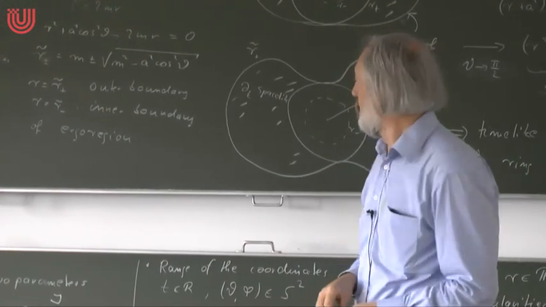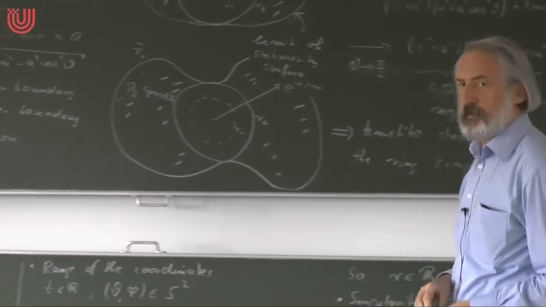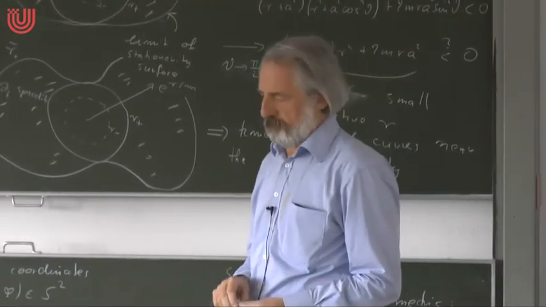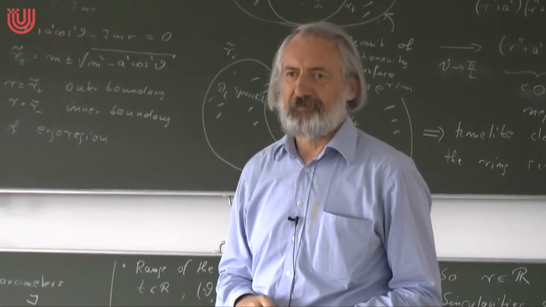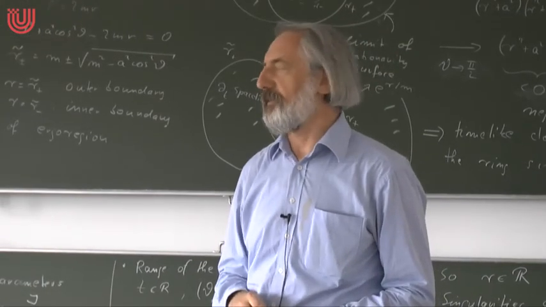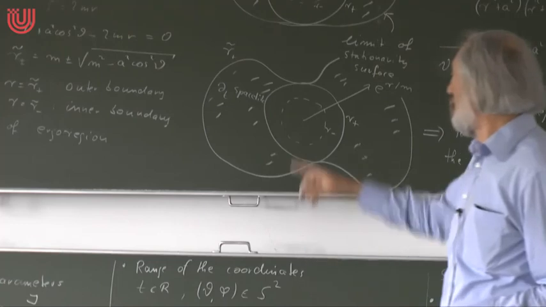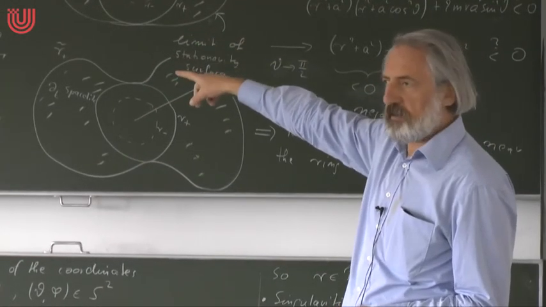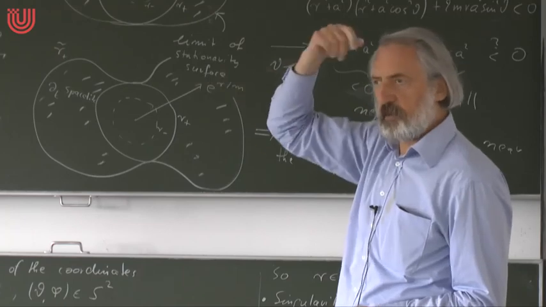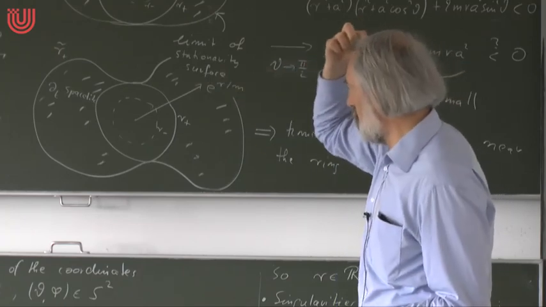But for real, so to say, the naked singularity is there both for this world and for that world. If A is bigger than M, then the singularity is naked for observers in both asymptotic regions.